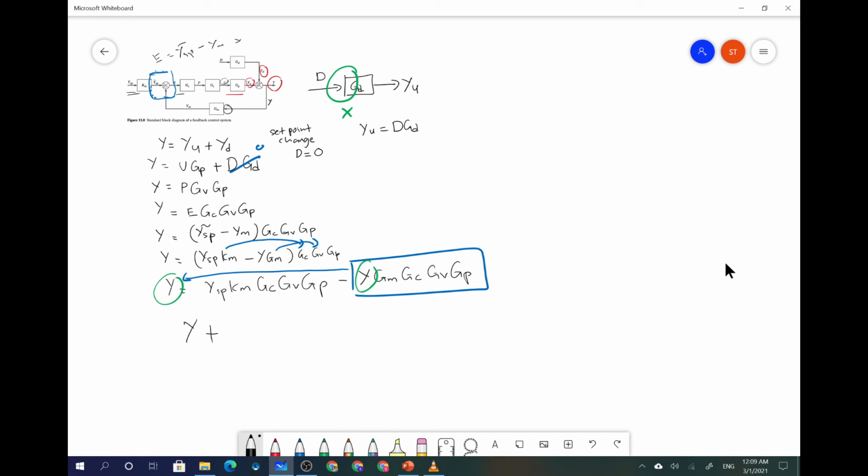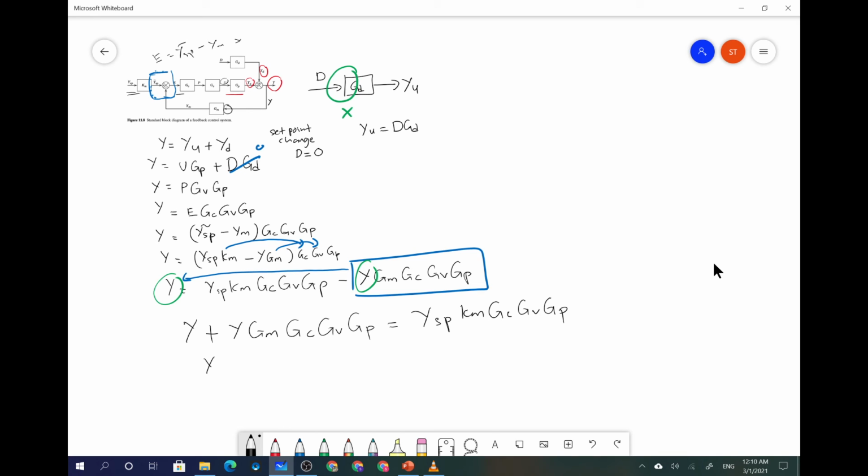Bring to this side, it becomes plus y Gm Gc Gv Gp. On the right side, Y sp Gm Gc Gv Gp.